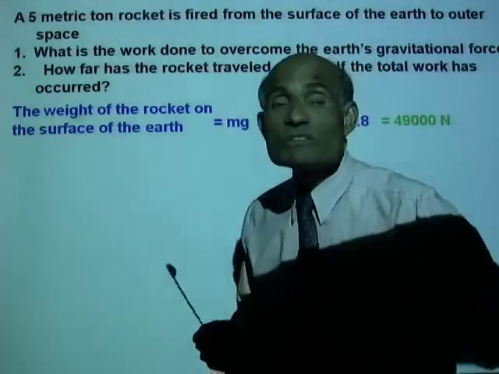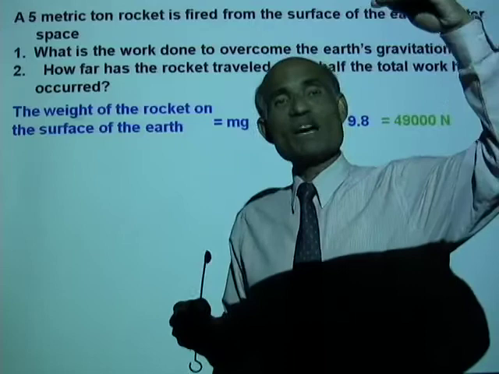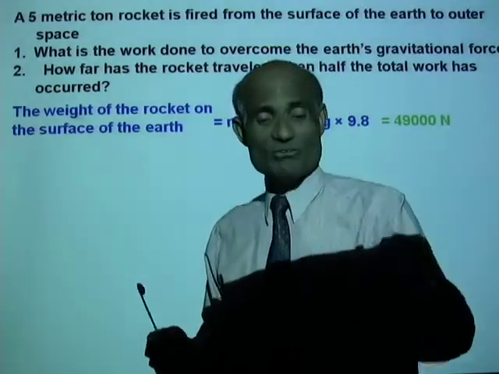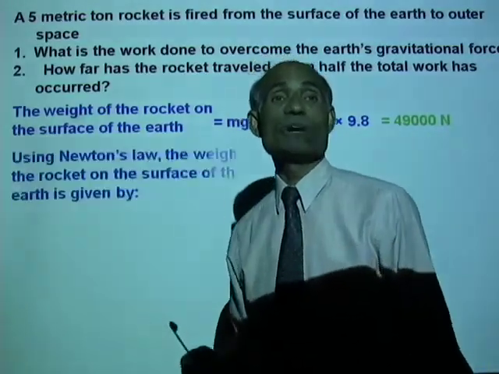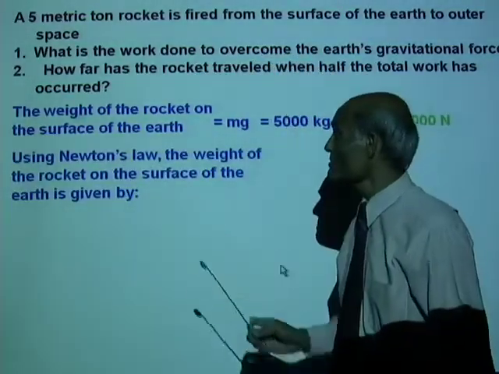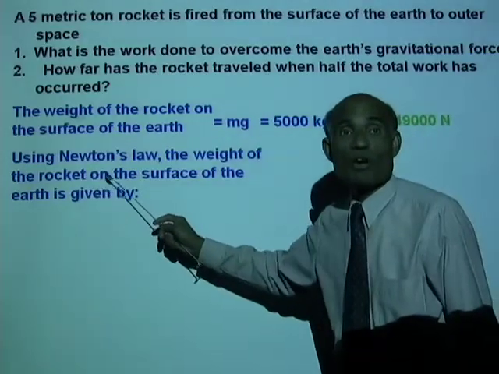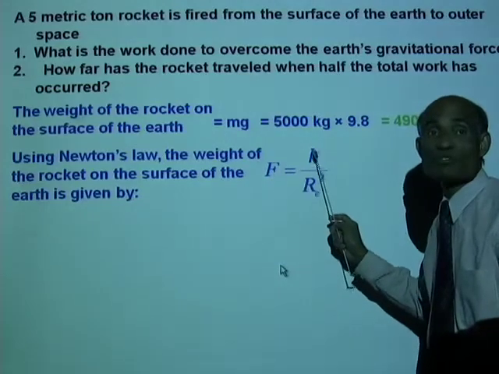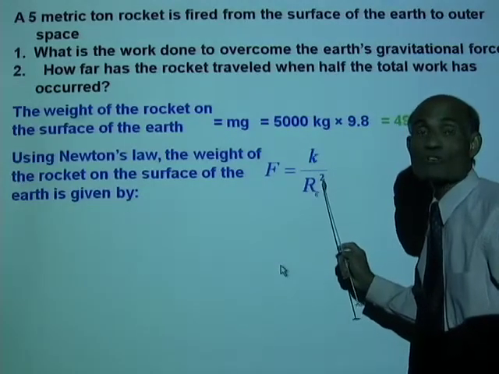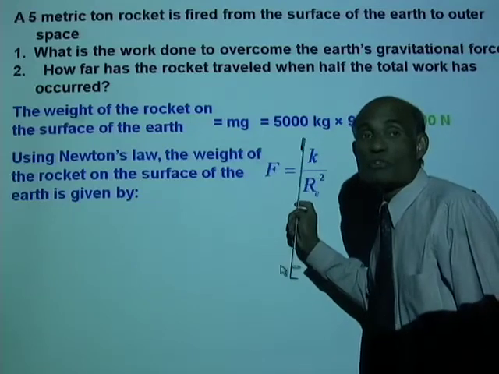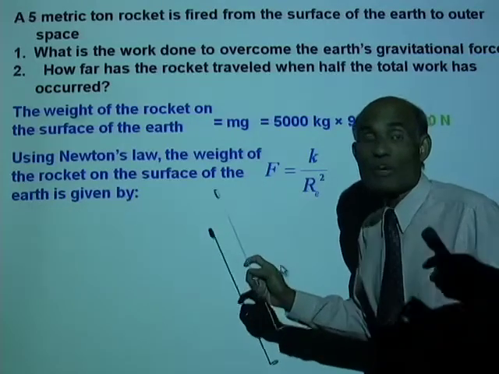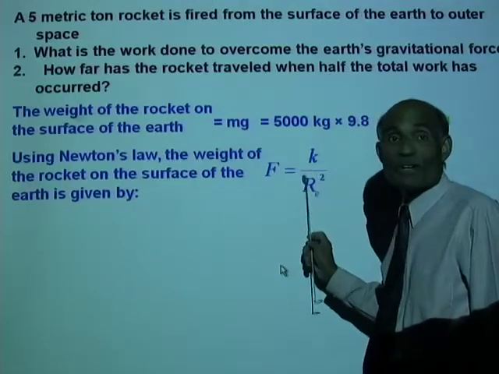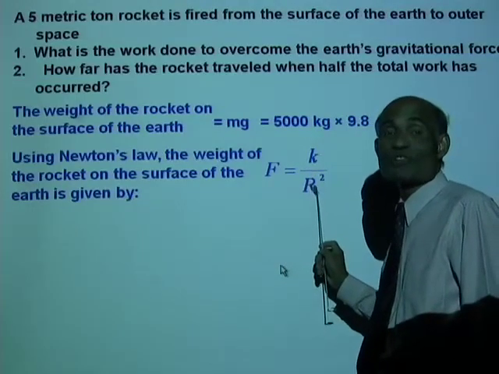And this weight will change as the distance increases according to the equation I just gave you. Weight will change as k over r squared. So using Newton's law, the weight of the rocket on the surface of the Earth can be written as F equal to k over r_e squared. If F equal to k over r squared, where r is any distance, when the rocket is on the surface of the Earth, that distance is the radius of the Earth.